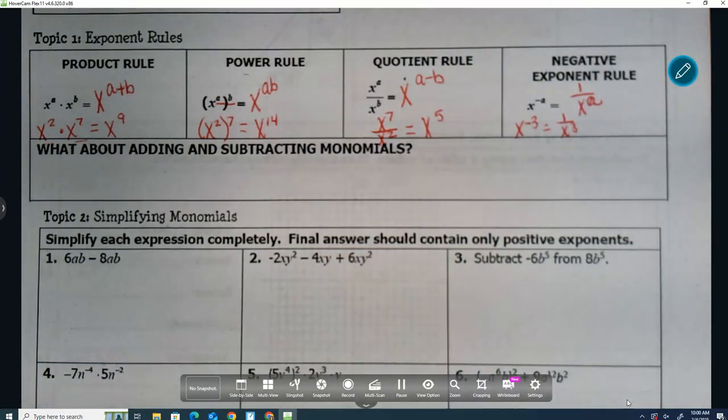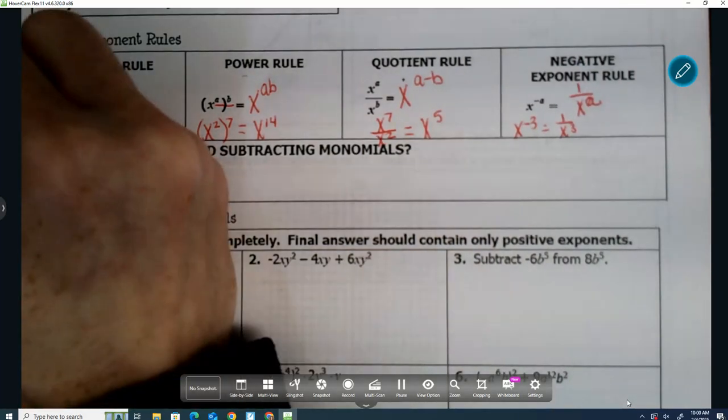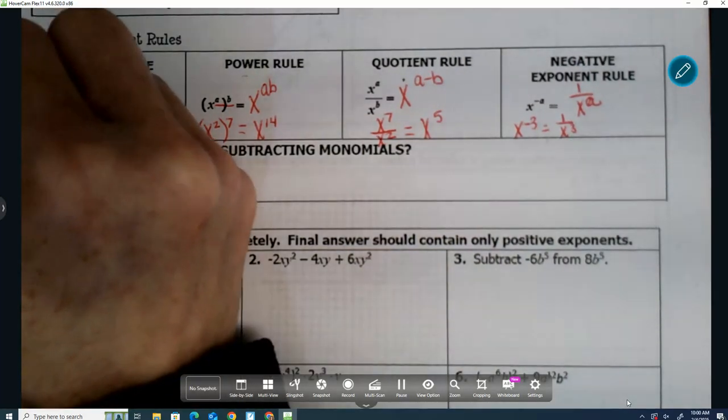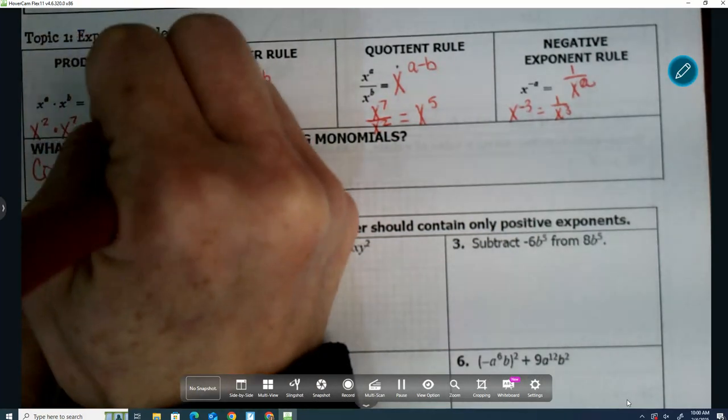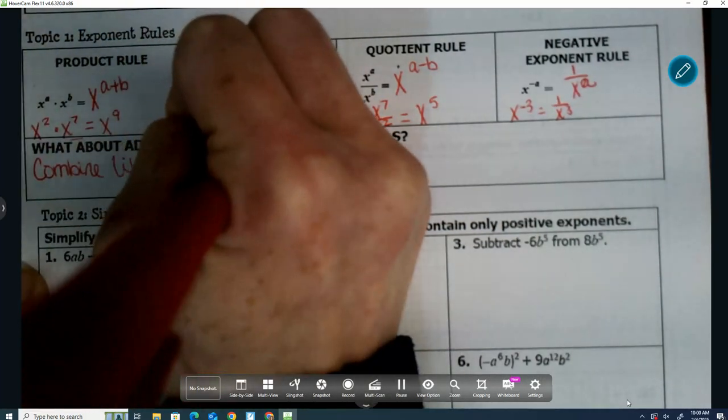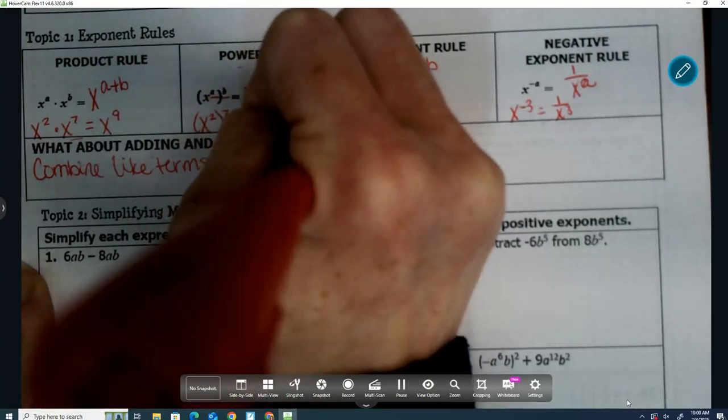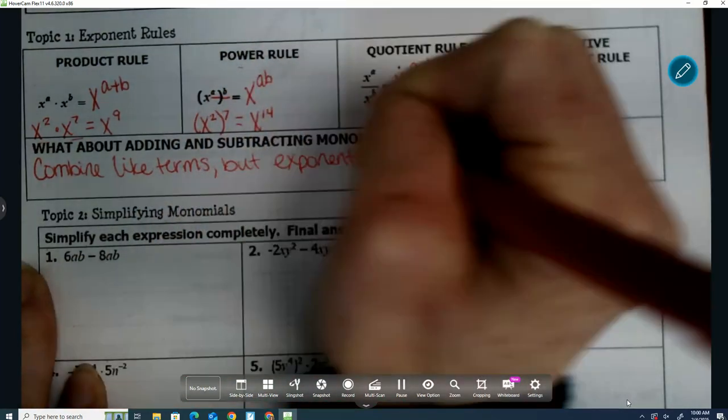When we add and subtract, you combine like terms. But the exponents do not change.